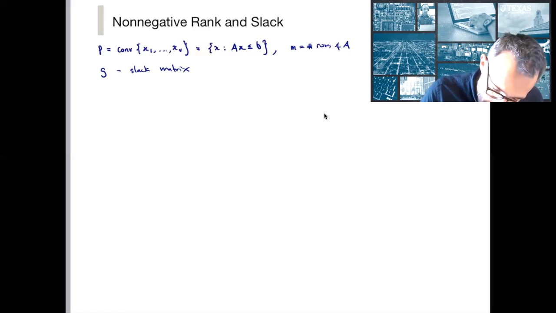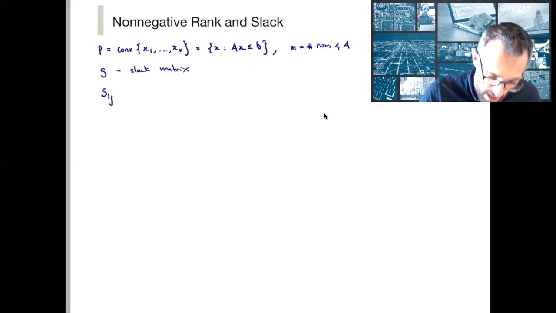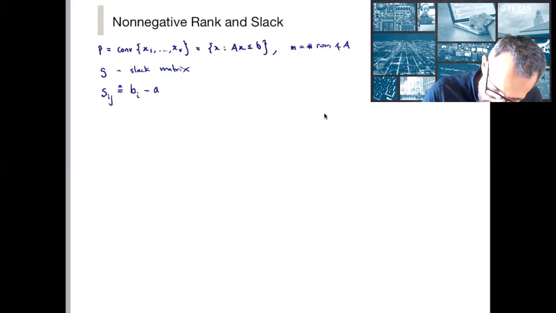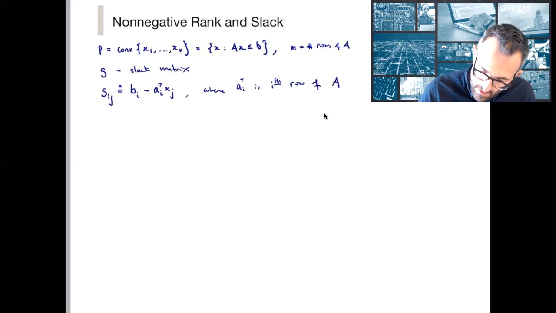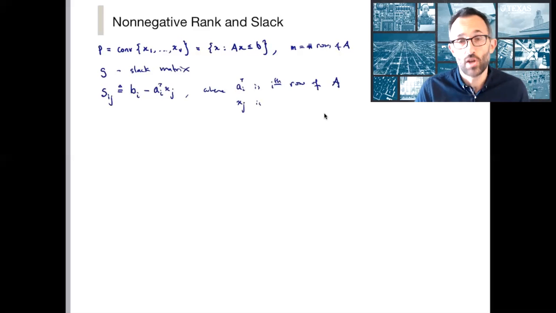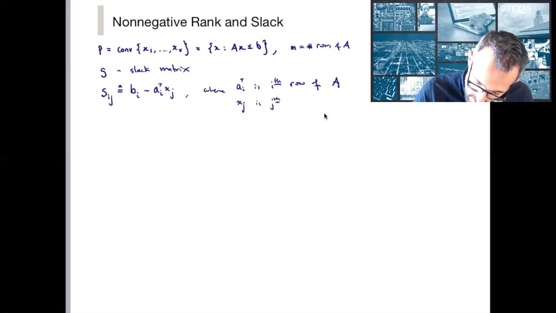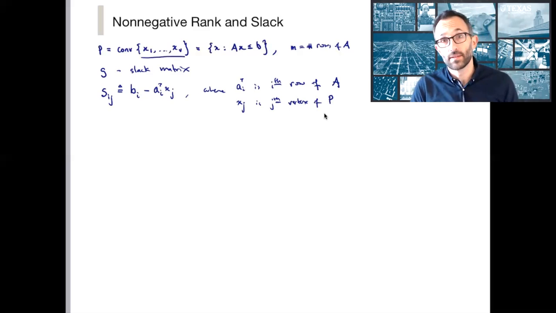So its entry ij is, let me write down what it is, bi minus ai transpose times xj, where ai transpose is the ith row of A, and xj is the jth vertex of P, as given in this list.